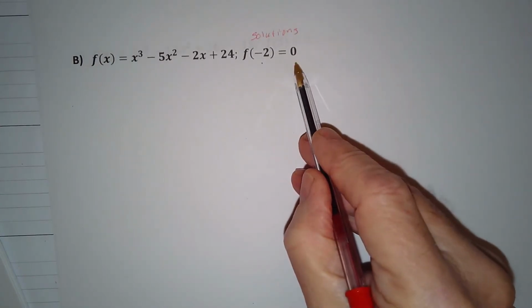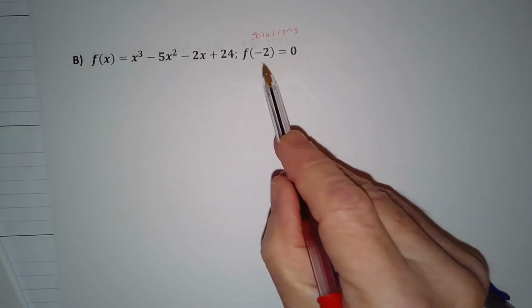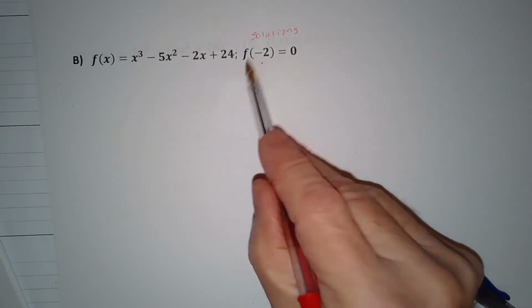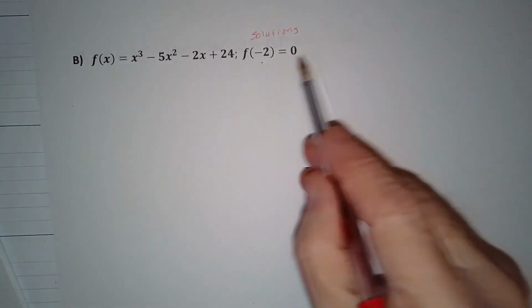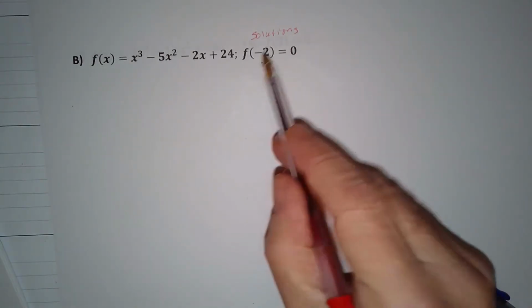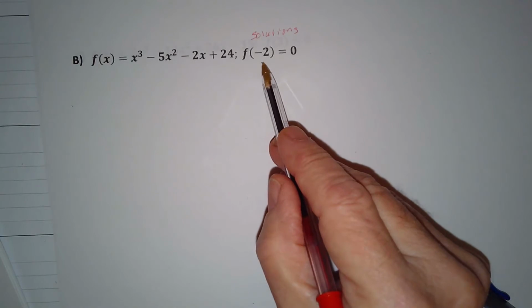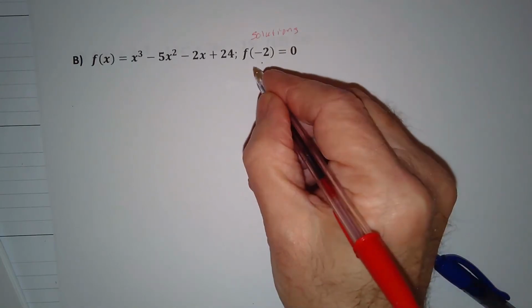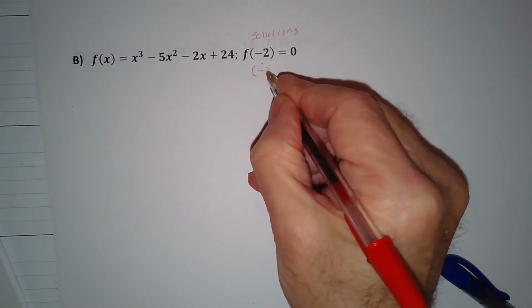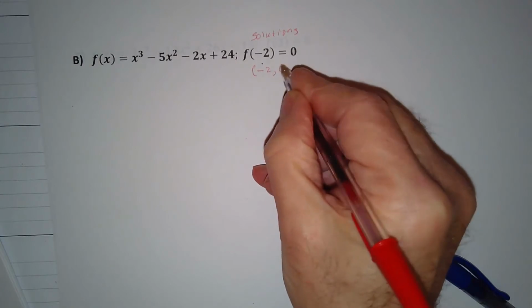Here's y equals 0 here. Remember the remainder theorem, y always equals 0. So this is your x, because f of x equals 0, right? So this is your x, now it's negative 2. So we've got solutions of negative 2 for x and y is 0.